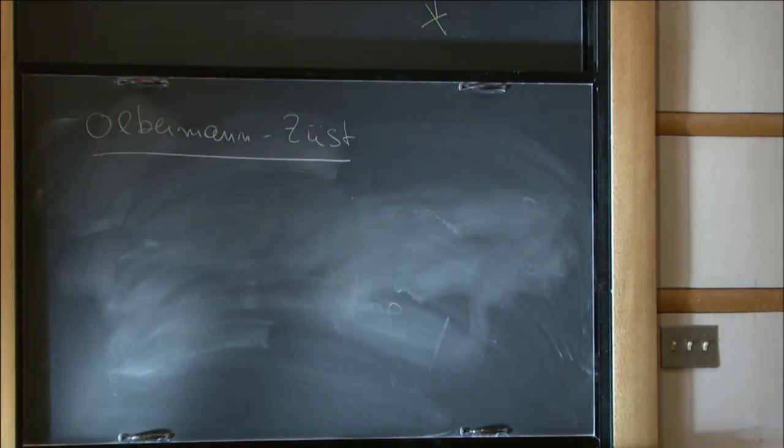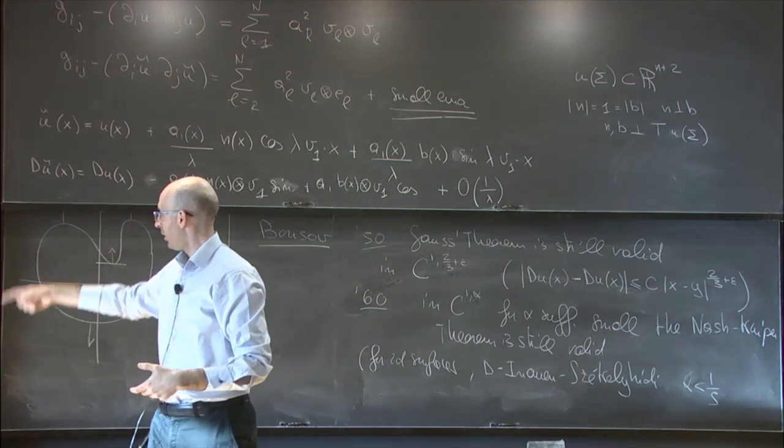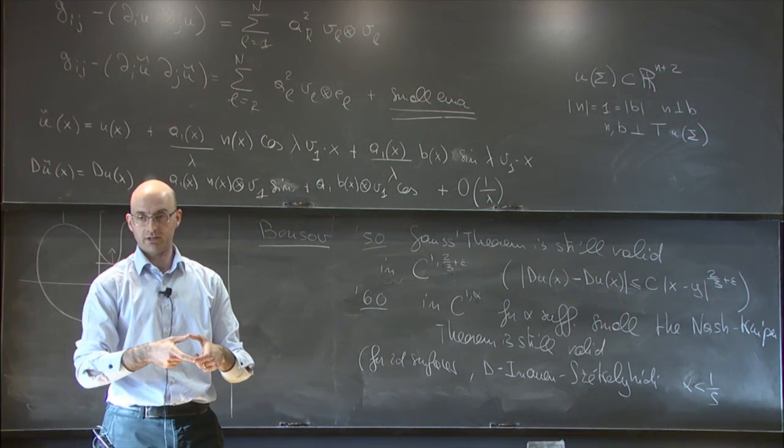So I told you when I look at the Gauss map on a set omega, I apply the Gauss map on the set omega, I look at its image, and then I can compute the area of the image. And that is described by the integral of the Gauss curvature, right?